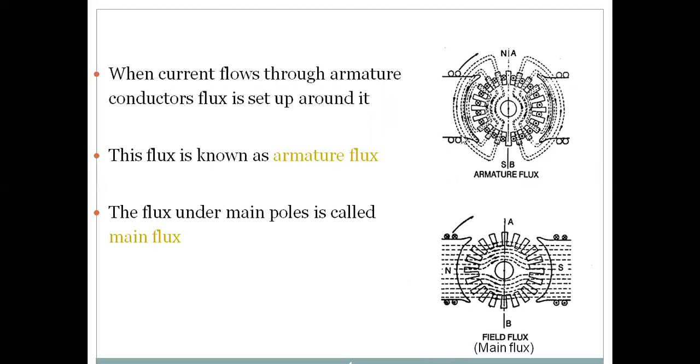You can see these are the field poles. This is another field pole. I am not mentioning this is north pole or south pole, because my intention is to explain armature flux only.